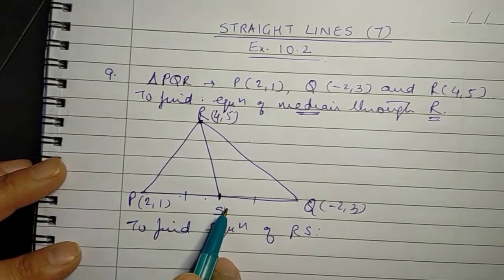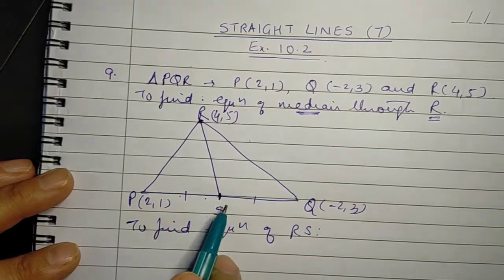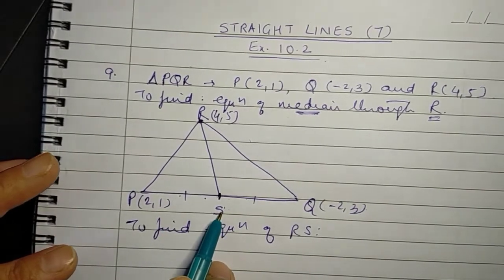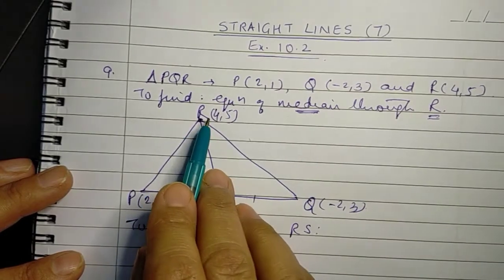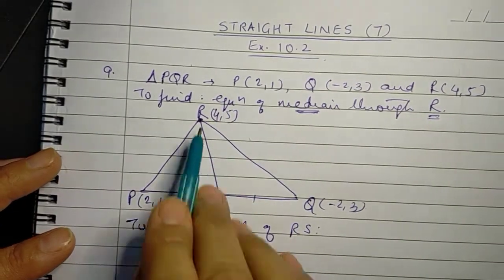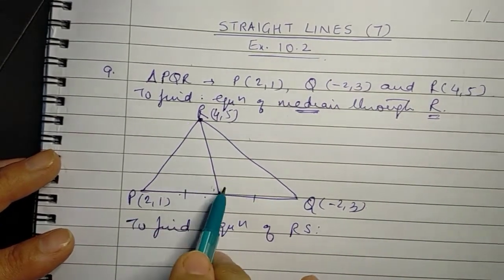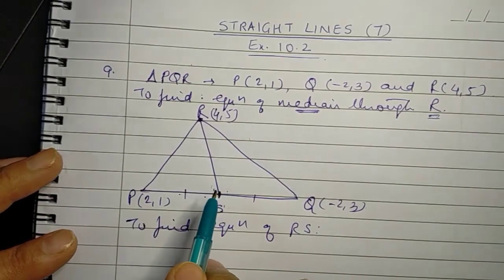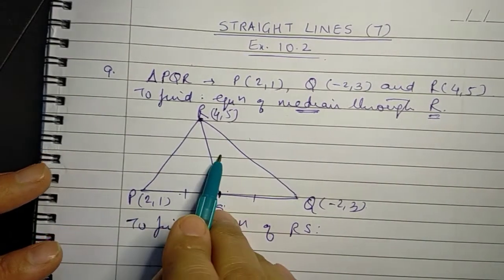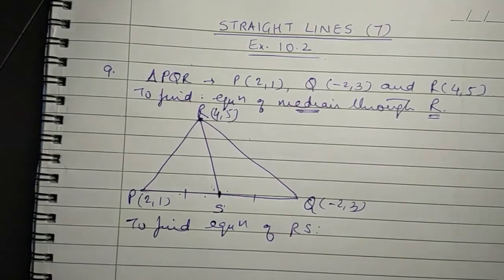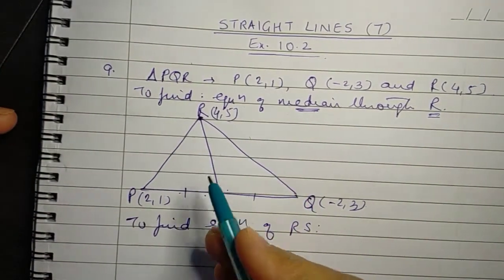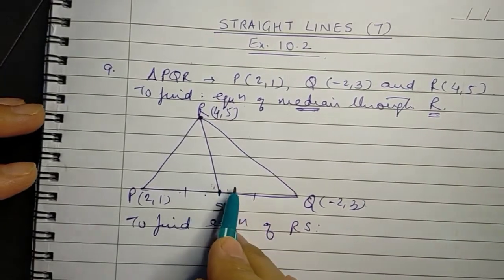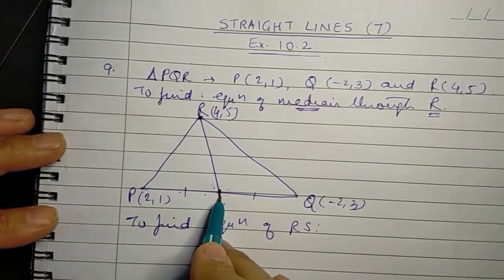We can find the coordinates of the point S. We already know the coordinates of point R. So on the line RS you will get 2 points and then you know how to find the equation of a line using 2-point form or convert it further to point slope form and do the needful.